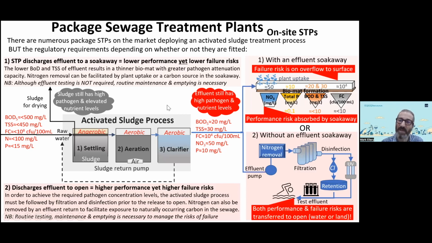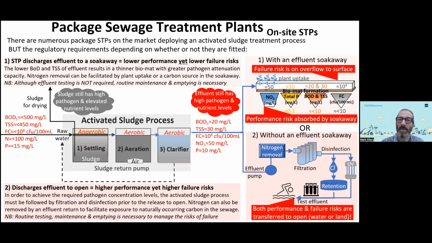The other option is the much fancier treatment processes, where you need to follow up your activated sludge process with some kind of filtration, disinfection and testing regime.